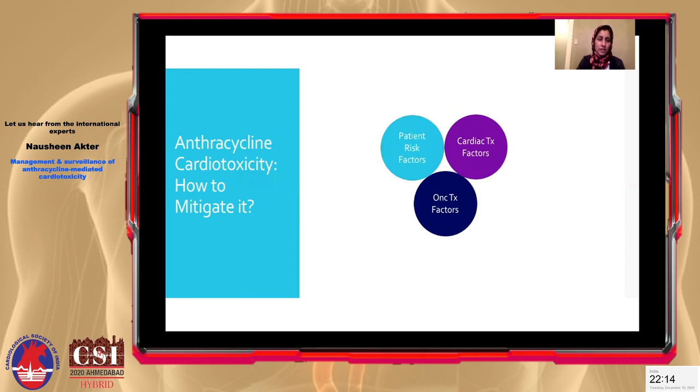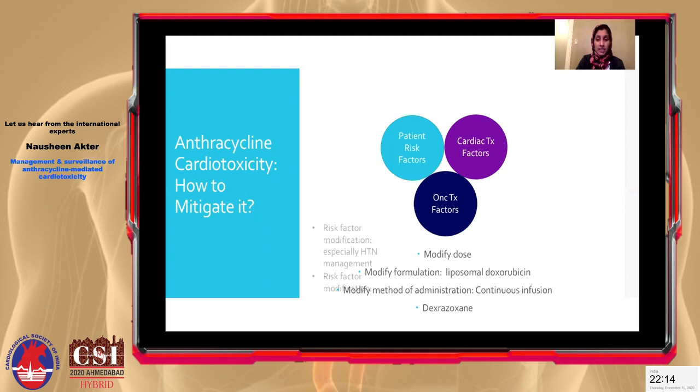So anthracycline cardiotoxicity, how can it be mitigated? You can think of it in three areas: patient risk factors, cardiac treatment factors, and oncologic treatment factors. The oncologic treatment factors need to be discussed with the oncology team with regards to modifying dose, modifying formulation, such as liposomal doxorubicin, modifying method of administration, such as continuous infusion, or considering agents such as dexrazoxane.